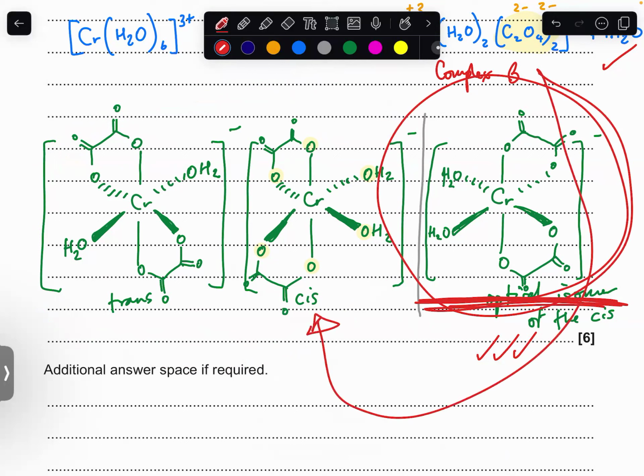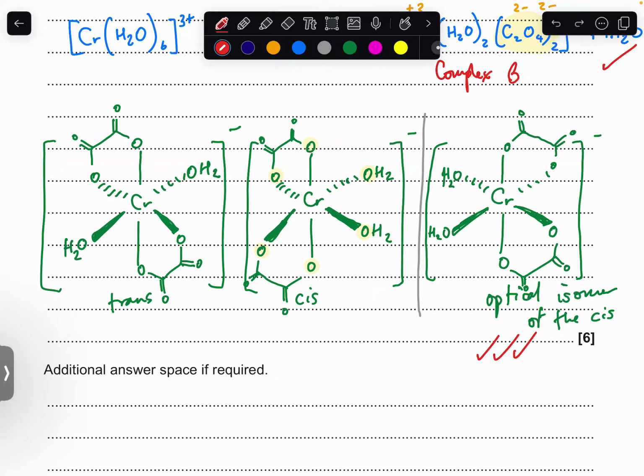Again, I believe in the 2022 or 2023 paper, this type of question came up, but in that example, we were dealing with chloride ions. And we was using ethane-1,2-diamine as the bidentate ligands. As we said before, the questions are many, but the answers tend to be the same. That makes the end of this question.